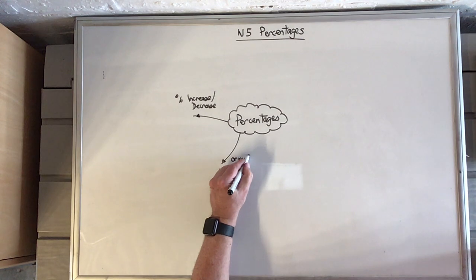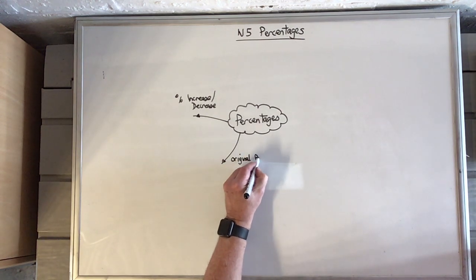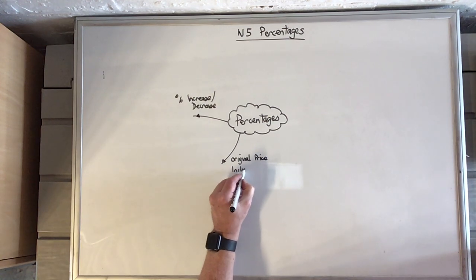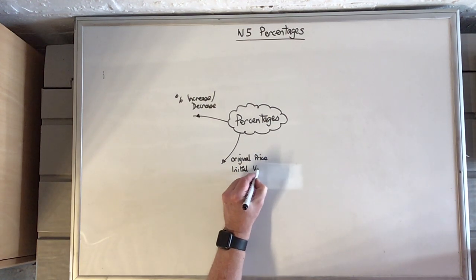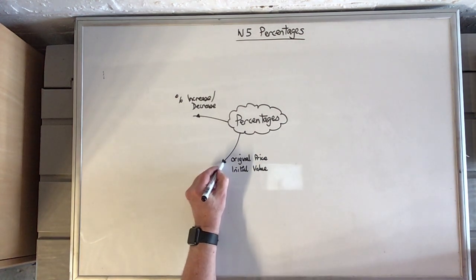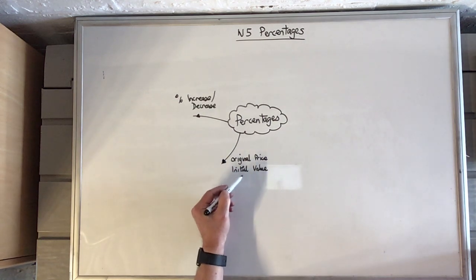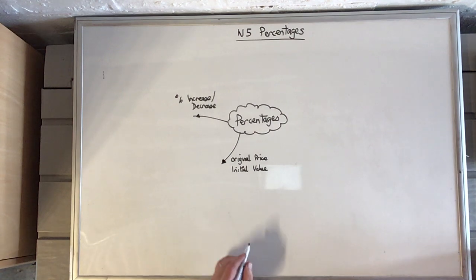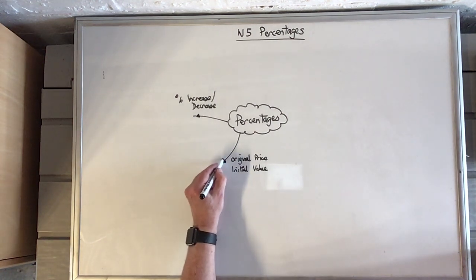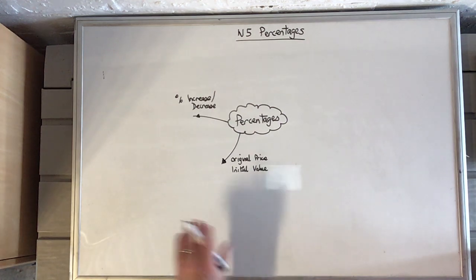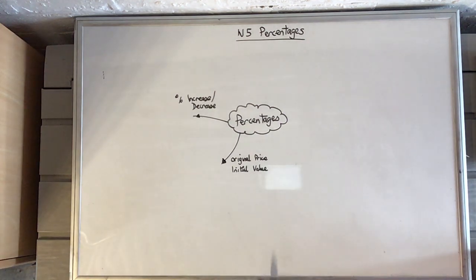Other type, original price. So original price is what you started with, sometimes called initial value. So it's a working backwards type question then. I'll make up another video to show you maybe two of these. They're done exactly the same way all the time, and there's a nice wee thing to remember when we do the working that makes it really easy.